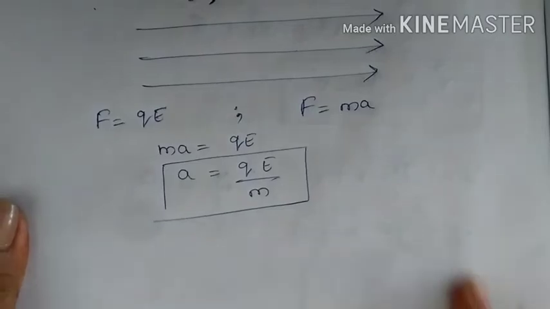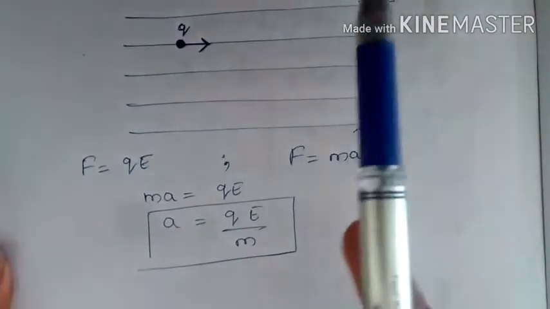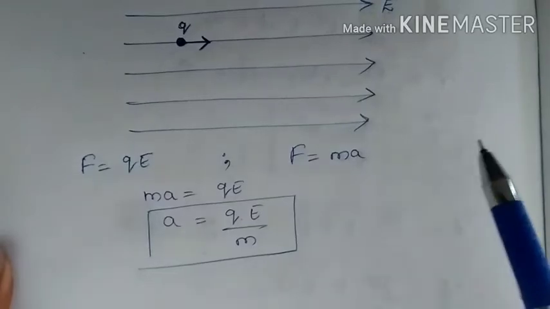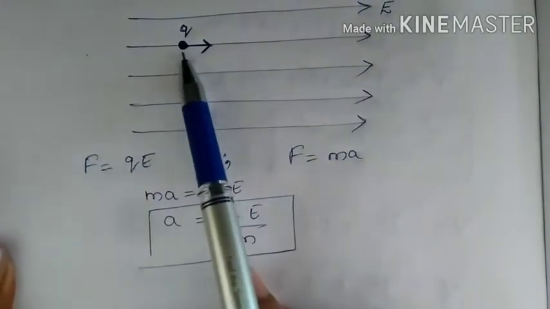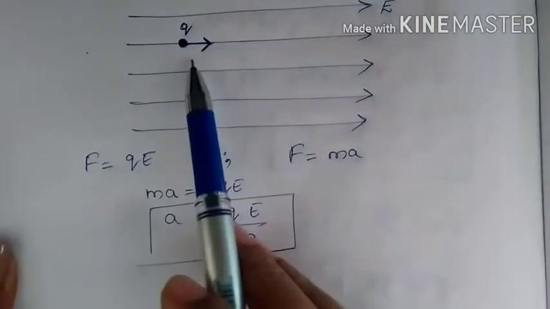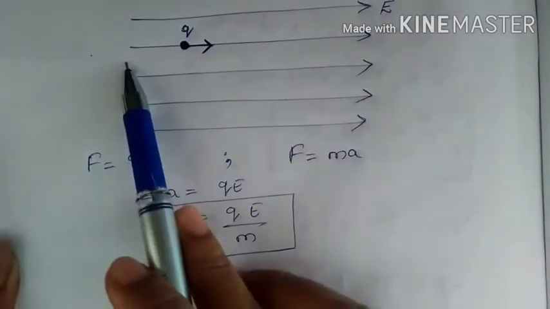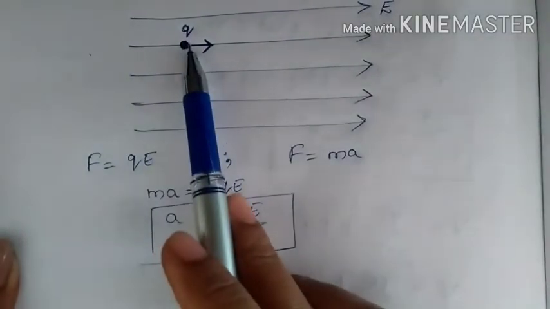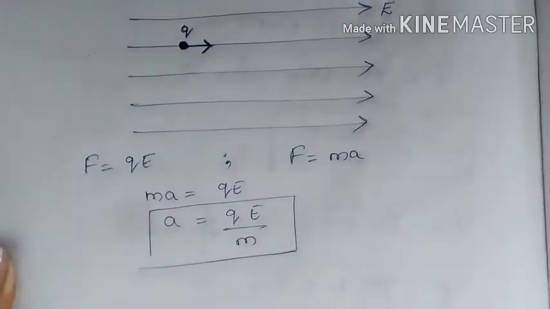Now we need to understand what is the work done by force in displacing this charged particle through a small distance dl. That means we have to find how much work has to be done by the force on this charge just to displace this charge by a distance of dl.